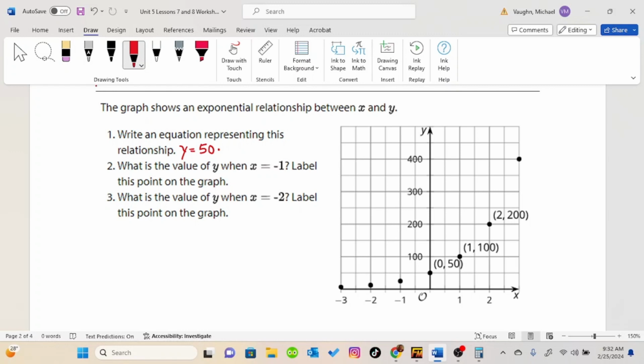Take the second y value, which is 100, and divide it by the first y value, which is 50. And you find that factor of 2. You could also use 200 divided by 100, and you would get that same factor of 2. So now we can put our factor as 2, and our exponent is the input x.